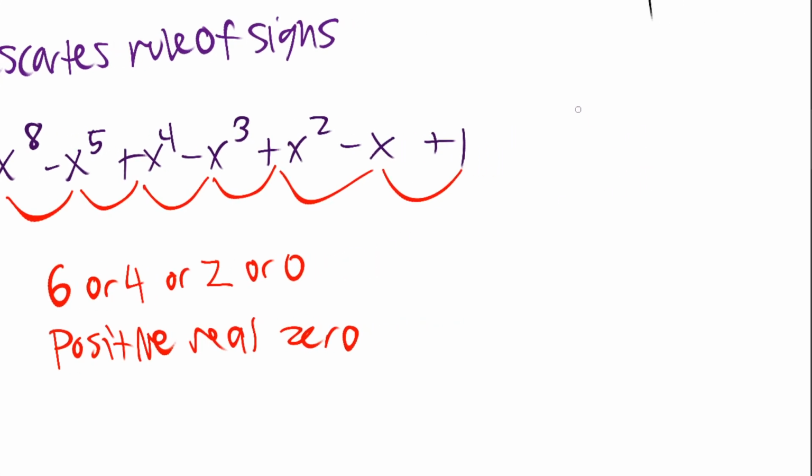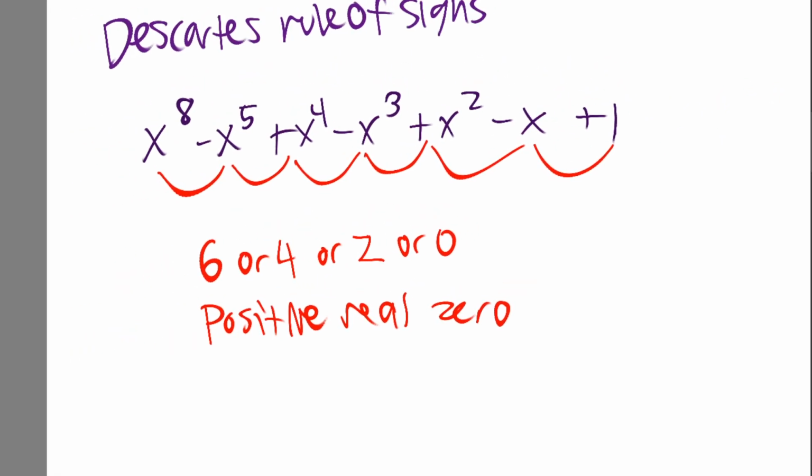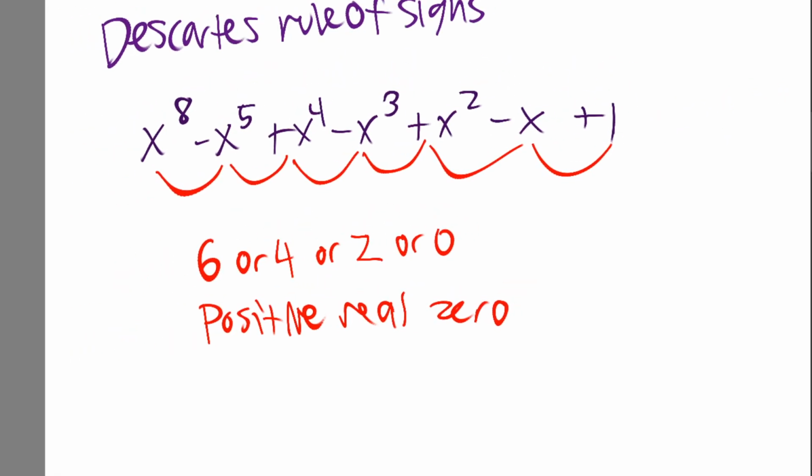Alternatively, if you had found 5 sign changes, then you would have 5 or 3 or 1 positive real zeros. Basically, you just go down by 2 to find your possible amount of positive real zeros. That was for our positive real zeros, and that's fairly simple.